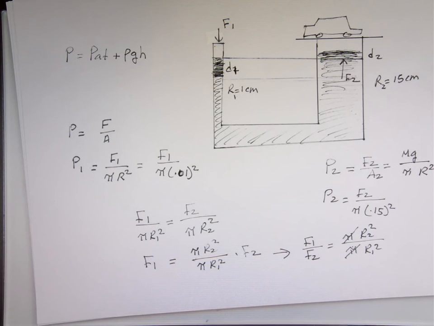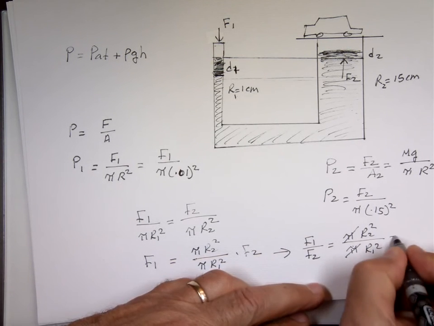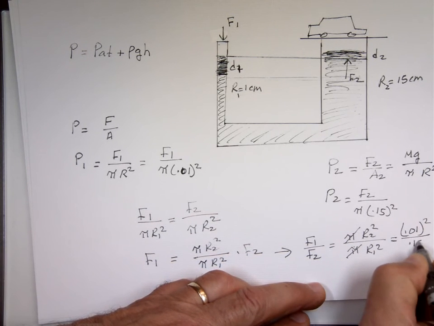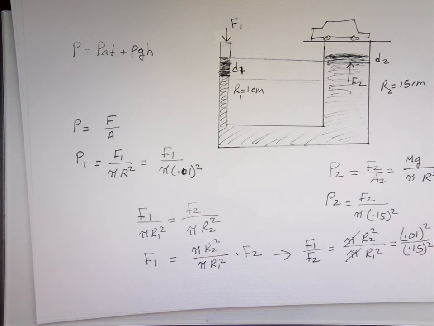Again, if I use these numbers, that's 1 centimeter and 15 centimeters, we can get the relationship of force 1 versus force 2. And if you want the pressure, pressure is force over area, so you can convert to the ratio of pressure if you want. Should be r1 on the top, right?